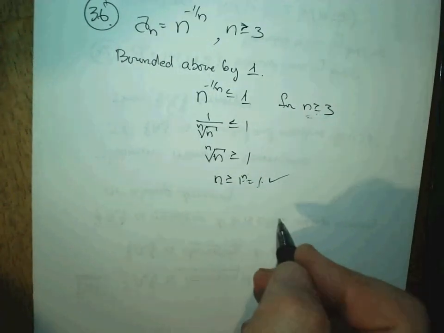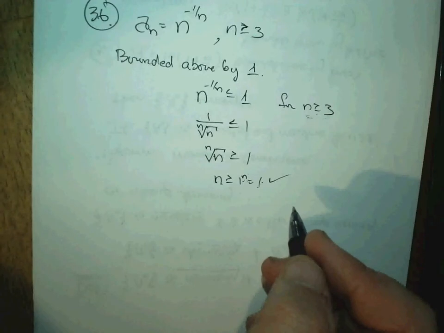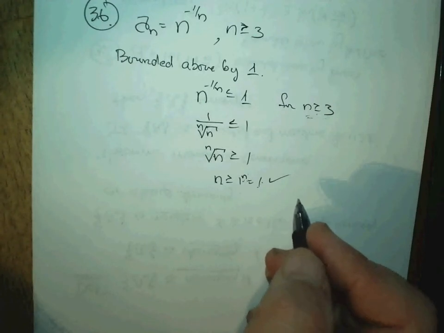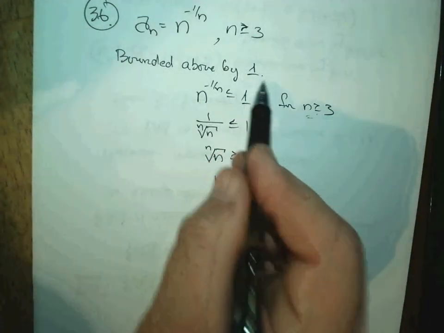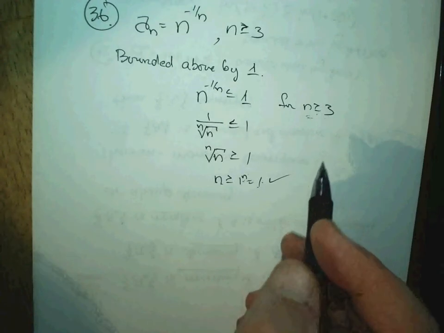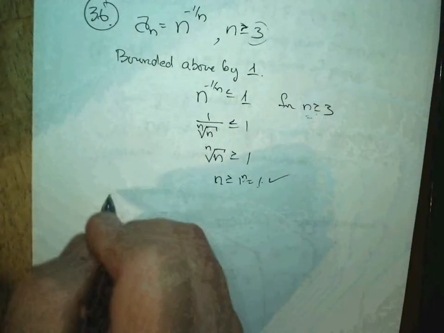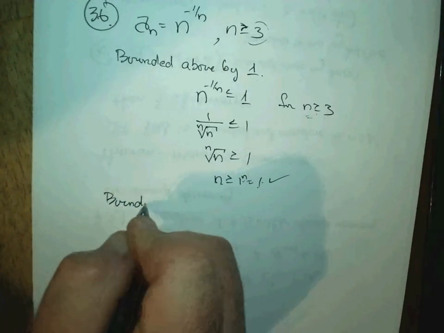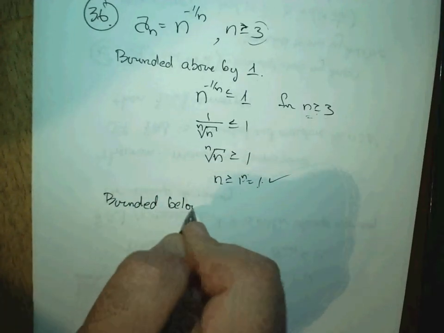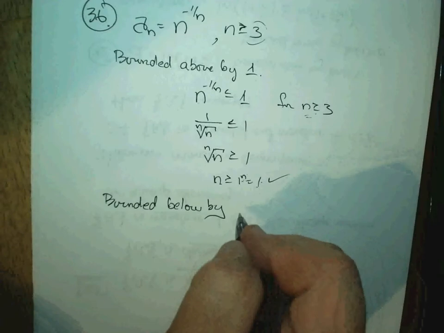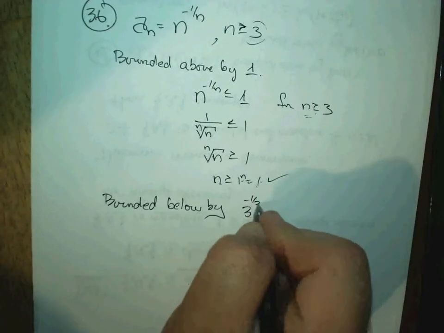N is what you're left with on the left side. 1 to the n is 1 on the right side. And since n is bigger than or equal to 3, n is certainly bigger than or equal to 1. Okay, so you've proven this thing is bounded above by 1. Okay? It's bounded below by this first value.